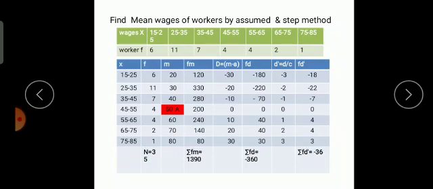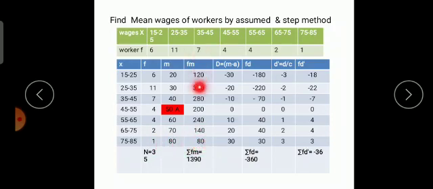Now we need to find fm. So we multiply the f column into the m column, the midpoint column. To get fm, 6 20s are 120, 11 into 30 is 330, 7 into 40 is 280, 4 into 50 is 200, 4 into 60 is 240, 2 into 70 is 140, 1 into 80 you get 80.